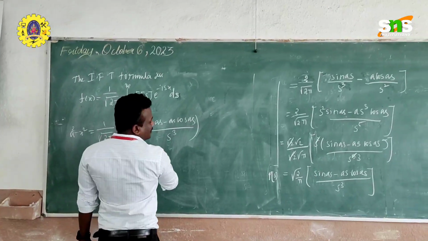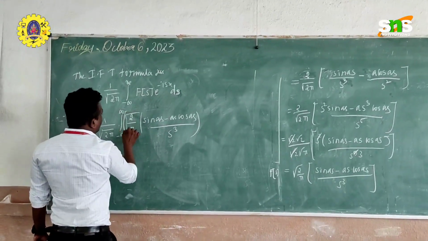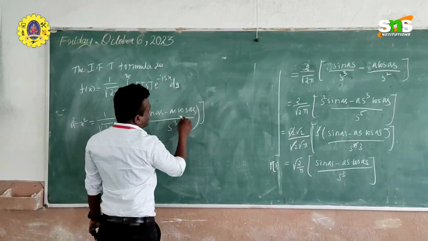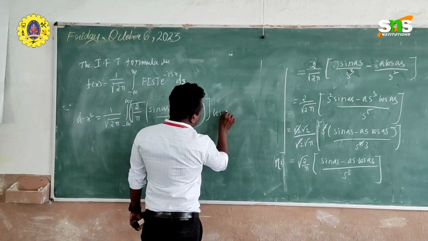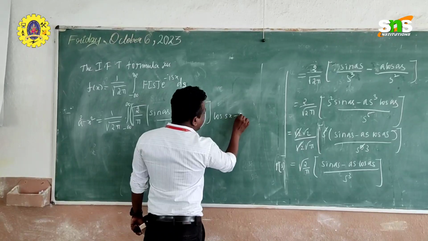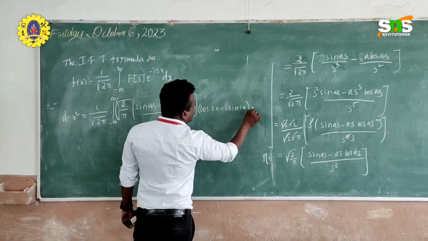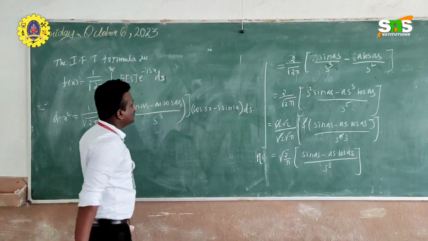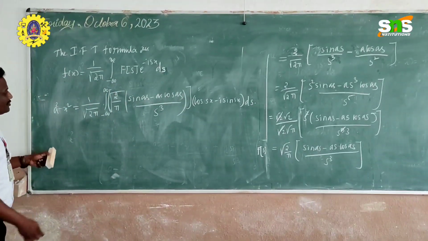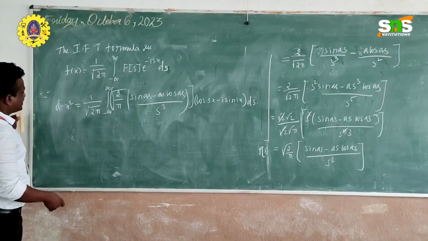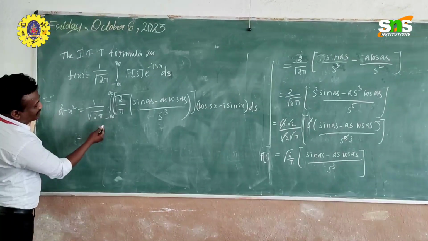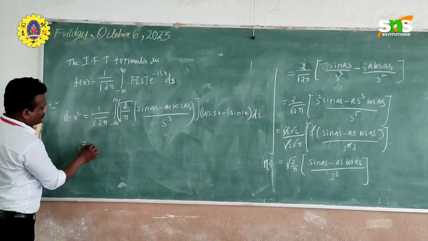Close the bracket. Now close the common bracket. E power minus isx is what? It is cos sx minus i sin sx, bracket close, into ds. This is our next step. From this step, we are going to bring out our results. So here, just take this step out from outside.